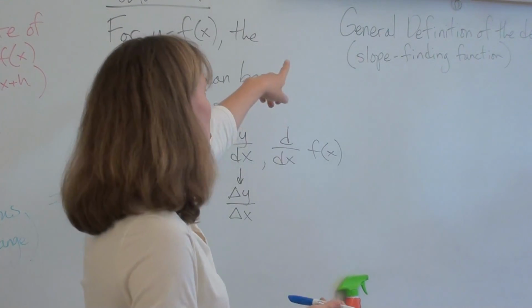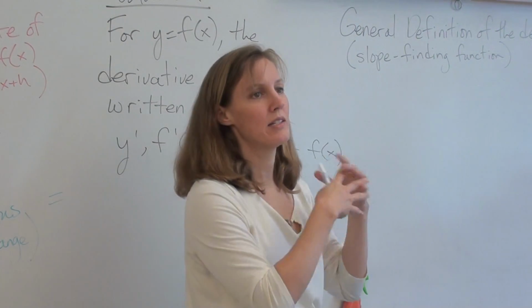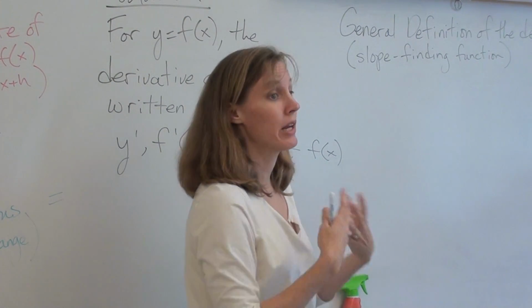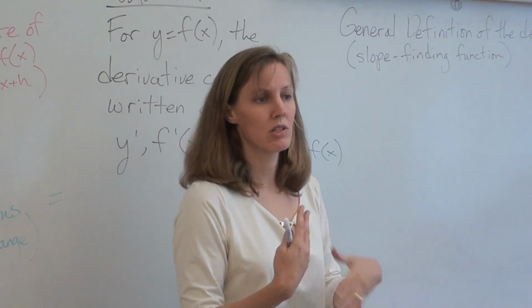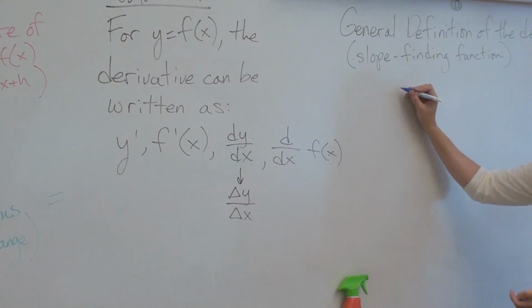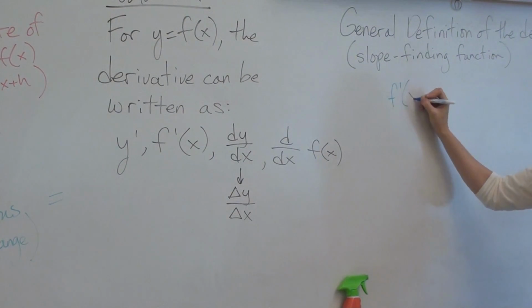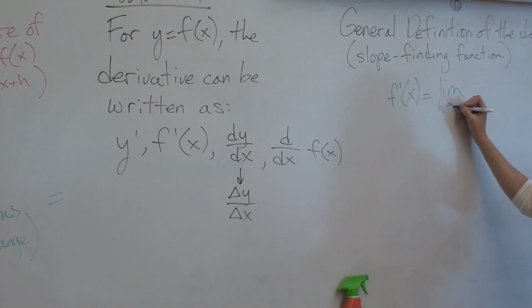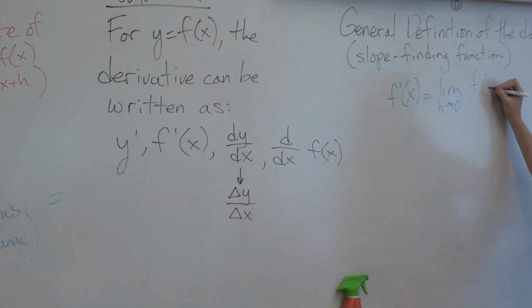Like on a regular function, you plug in x's, you get out y values on the graph. For the derivative, you plug in x values, you get out slopes. So it's a slope finding function. All right, and here's your definition. So f prime of x is the limit as h approaches 0 of f of x plus h minus f of x over h.